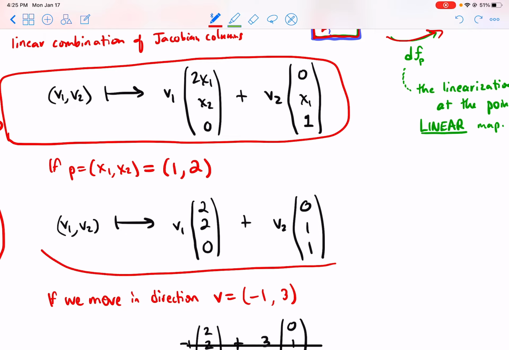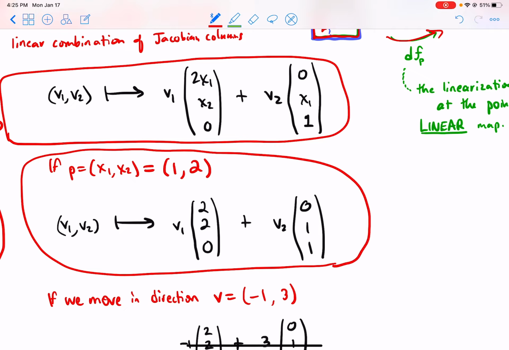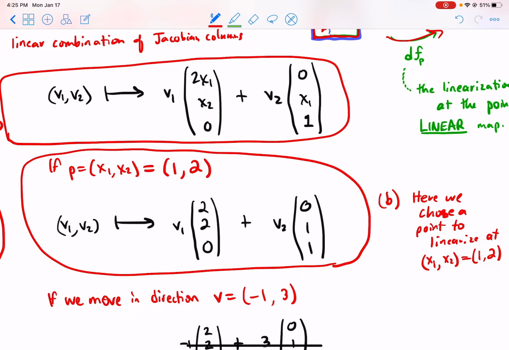So this is part B, and here we chose a point to linearize at, namely x1, x2 was 1, 2.